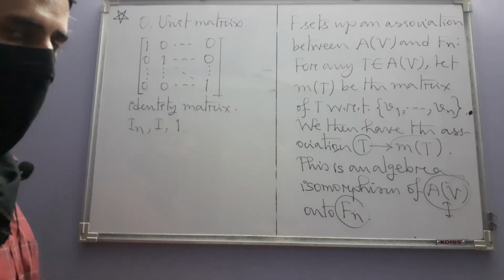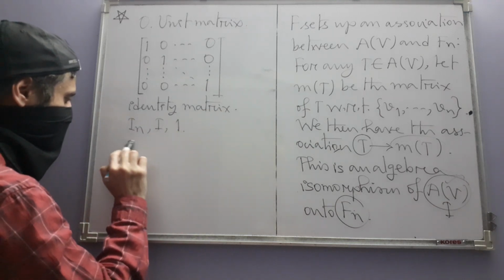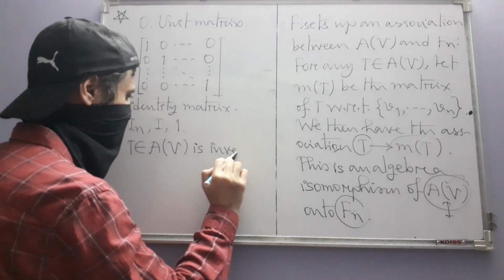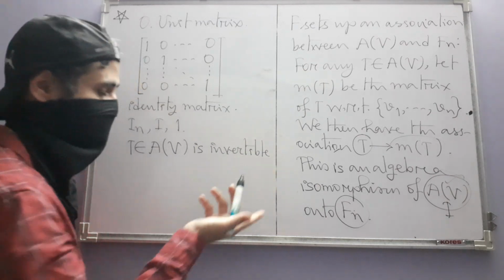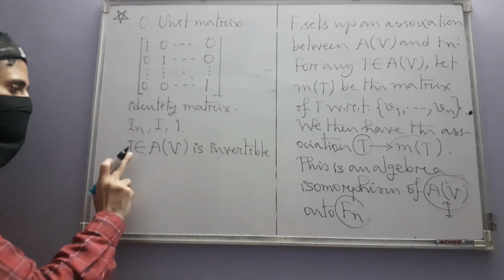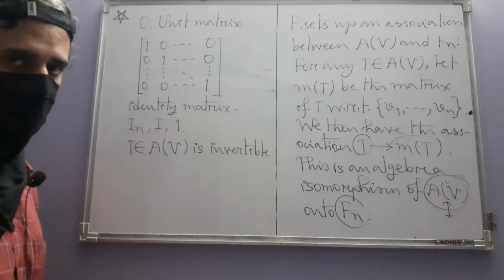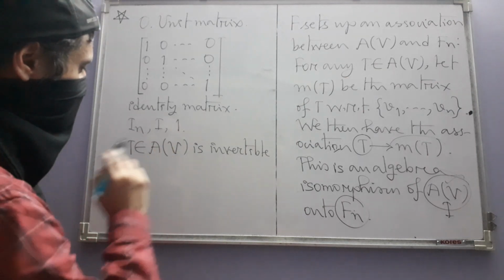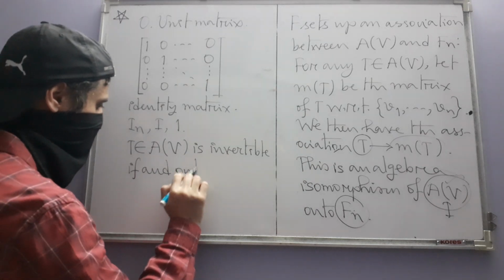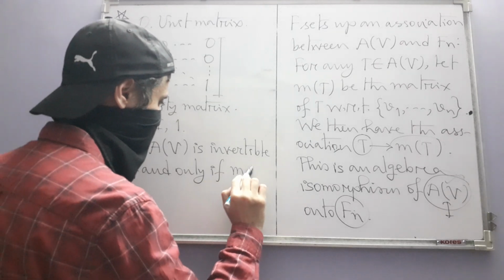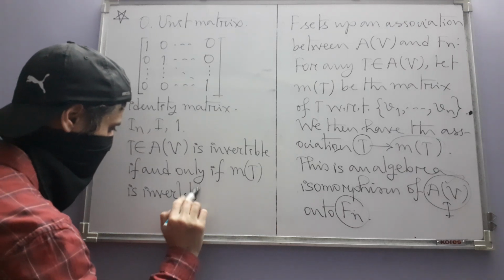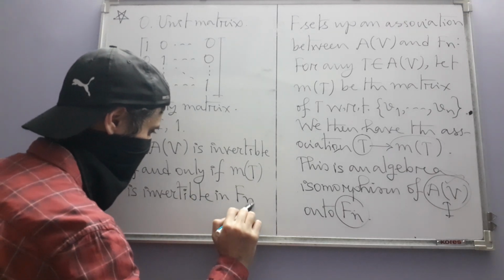And because of this association again, T in A(V) is invertible, we already know what this means, if it has an inverse, or if it is a unit in the ring A(V) under the operations addition and multiplication of operators, if and only if the matrix of T is invertible in the matrix algebra.